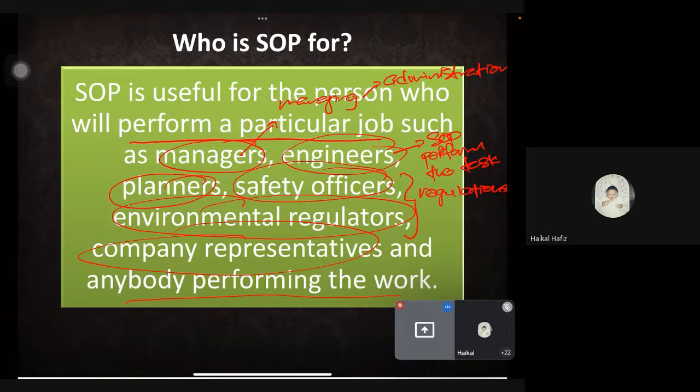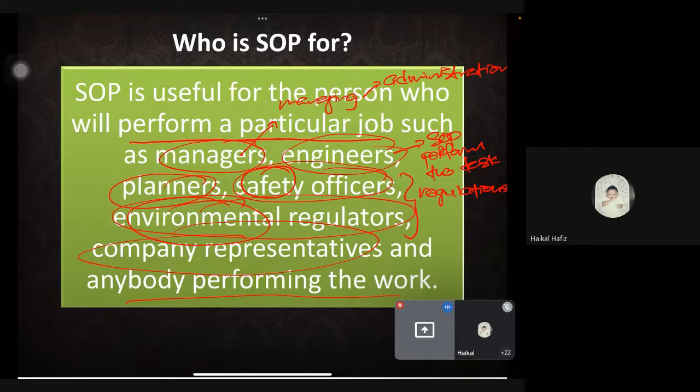So they will look at your SOP, the one that you have created, or maybe the one existing in the company, to check whether the SOP complies with the regulations for safety and also the regulations on environmental issues.